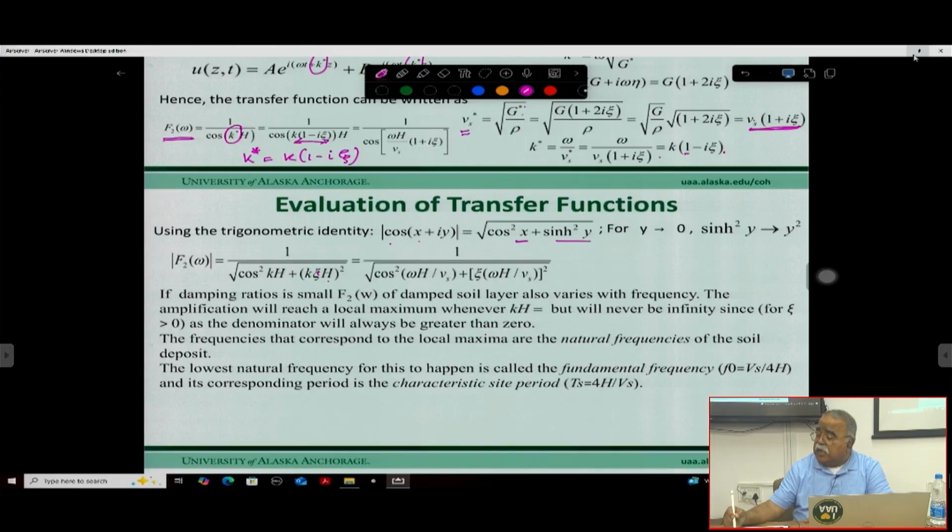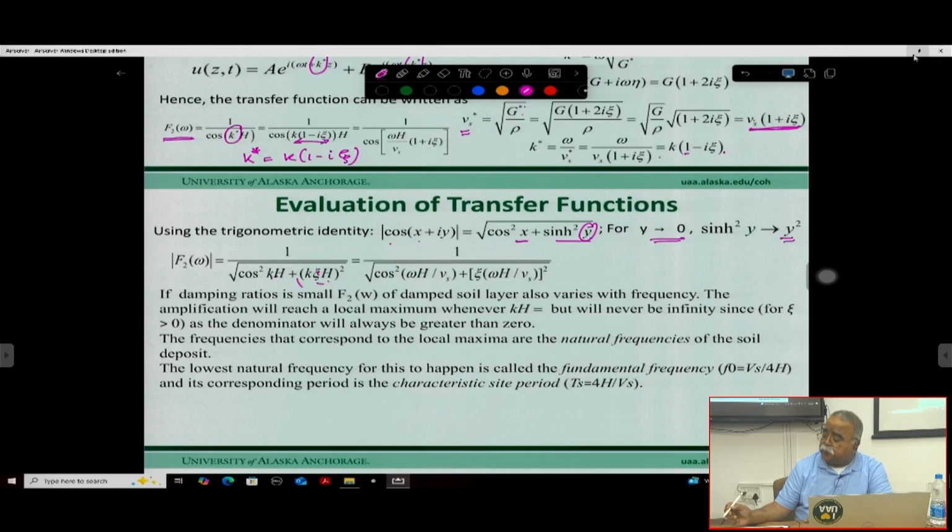At a very small value of y, sine hyperbolic y is mostly y. So therefore the function will be cos square of kh plus the k xi h whole square. So this will be cos square omega h by vs plus this number, right?